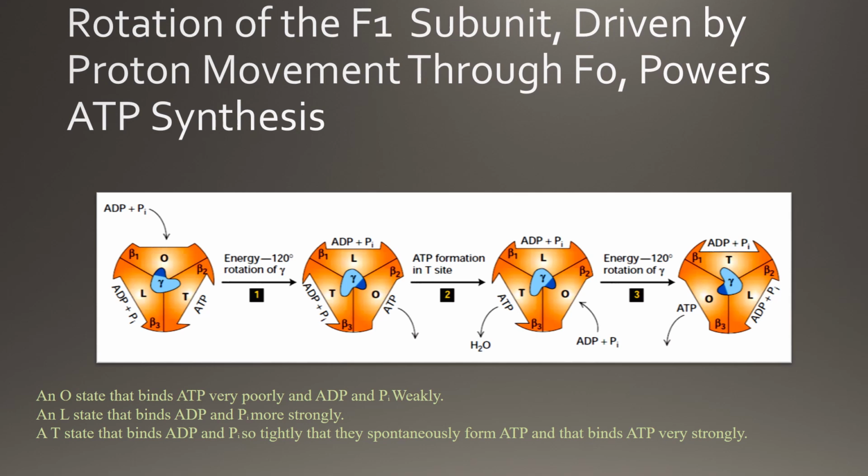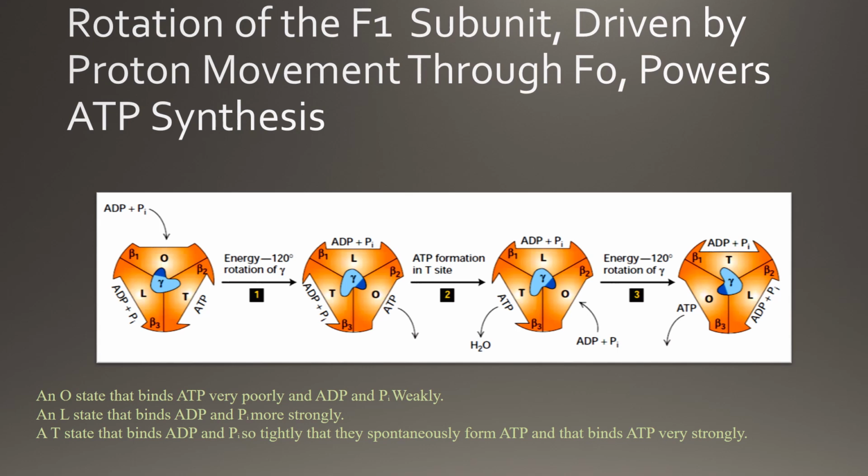So this picture is the binding change mechanism of ATP synthesis from ADP and Pi by the F0F1 complex. This view is looking up at F1 from the membrane surface. Each of the F1 beta subunits alternates between three conformational states that differ in their binding affinity to ATP, ADP and Pi.